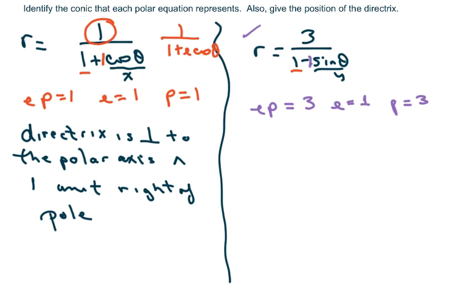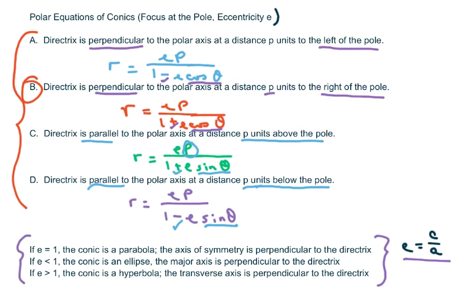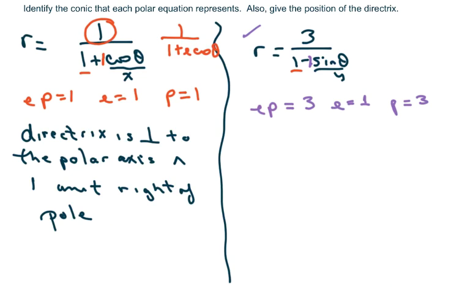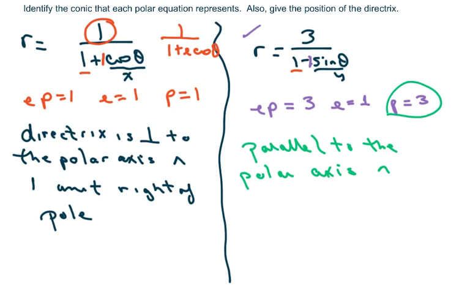The directrix is parallel, remember, sine is parallel to the polar axis. And what's my p?